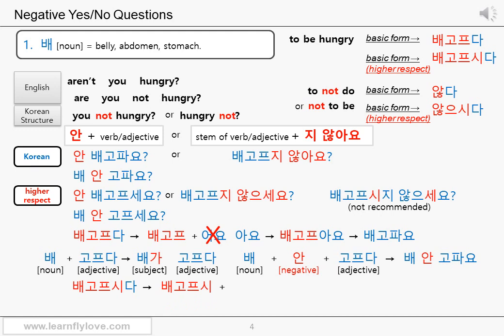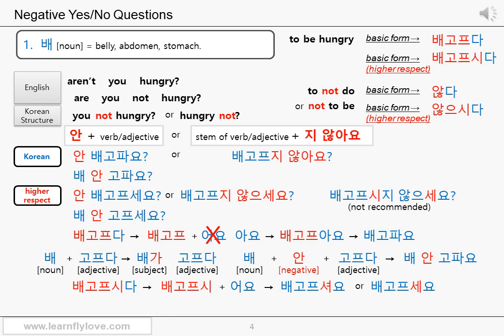Since the last letter of the stem is 시, we should add the 어요 sound. No exception applies here. So 배고프시어요 becomes 배고프셔요. And you know we can use 배고프세요 too with the 세 sound. So 안 배고프세요?